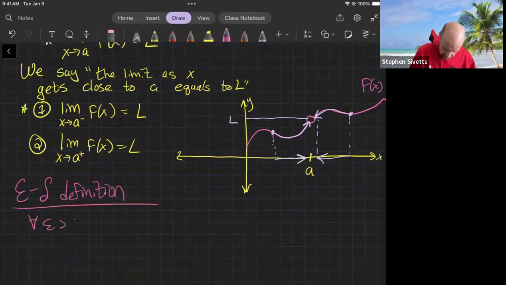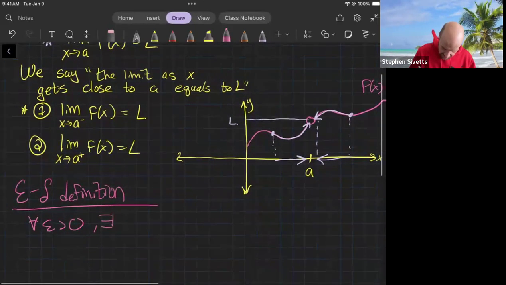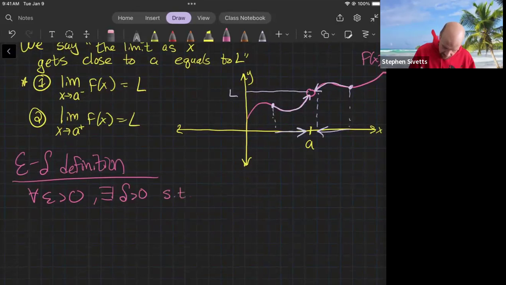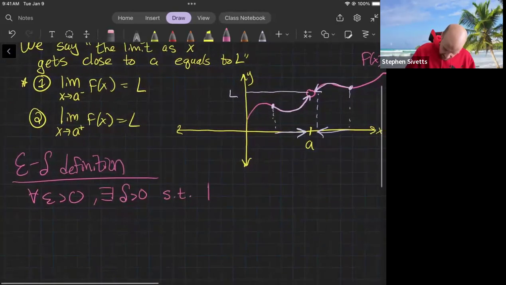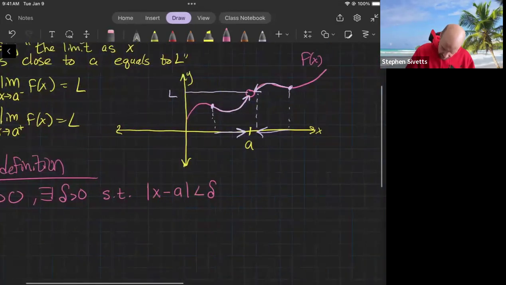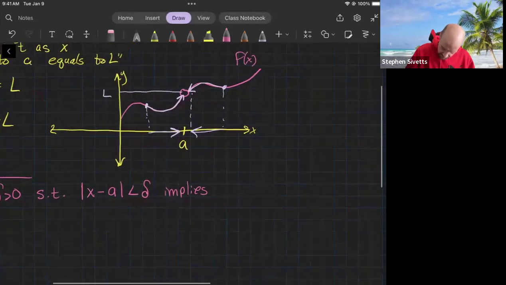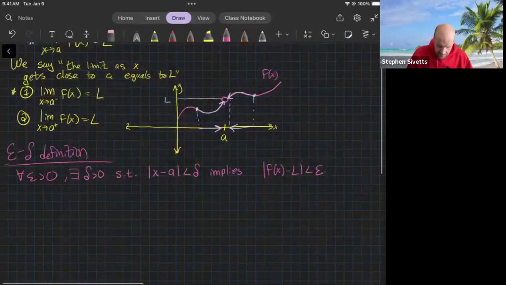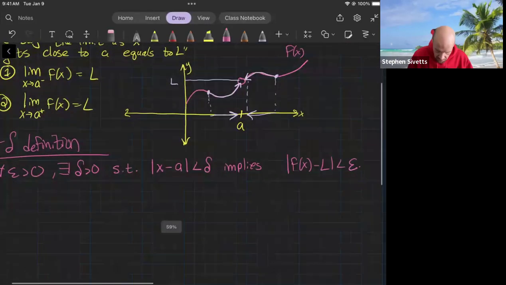For all epsilon greater than 0, there exists, this backwards E means there exists, a delta greater than 0, such that the absolute value of x minus a is less than delta implies the absolute value of f of x minus L is less than epsilon. Okay. This is called the epsilon delta definition of a limit.